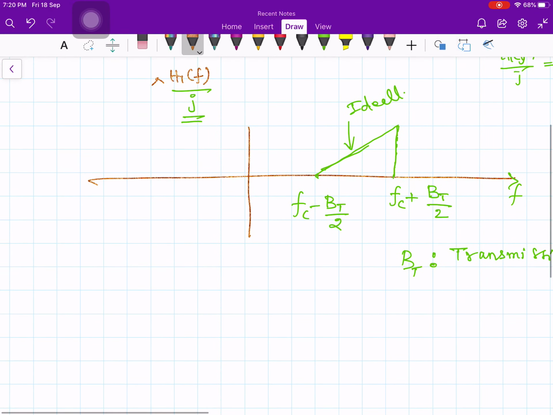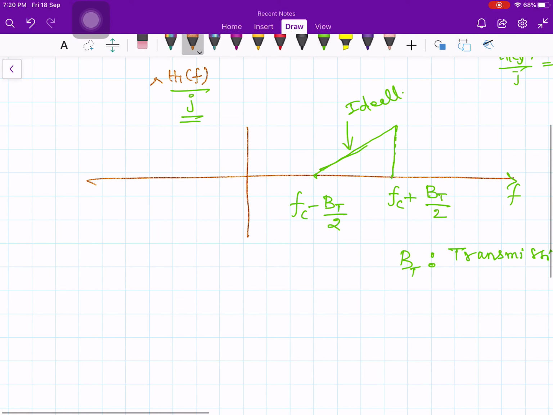A real system means it has the same contribution on the negative side also. Therefore your system response would look like this. This one is minus fc minus B_T by 2, and this one is minus fc plus B_T by 2. Here B_T is the transmission bandwidth of the FM signal.